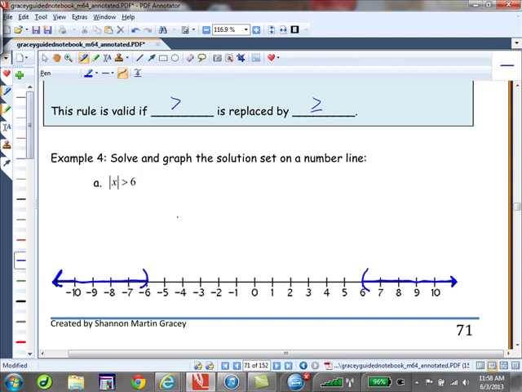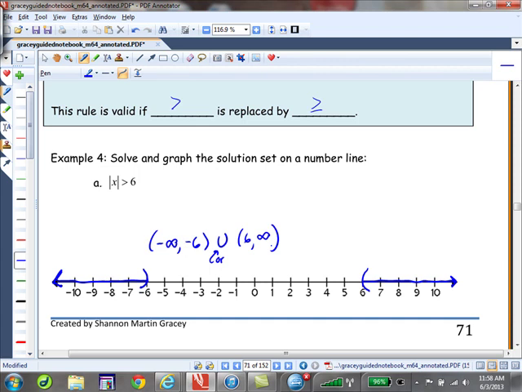Now the way to put this answer in interval notation is you have minus infinity to minus 6, union. So this means or, positive 6 to infinity.